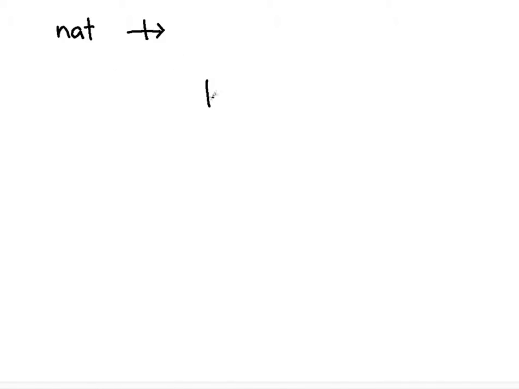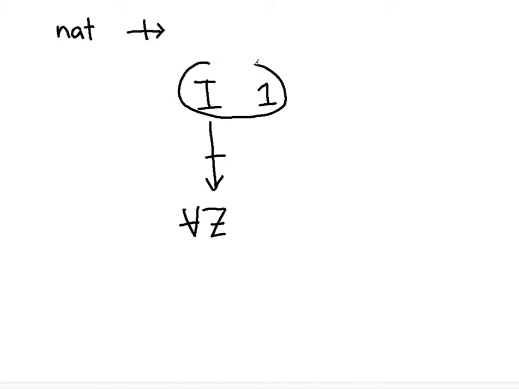Well, it's a number I such that for all numbers z, I is a factor of z. Well, that's clearly 1. 1 is a factor of every natural number. So in the category of natural numbers and divisibility, the initial object is 1. It didn't have a terminal object, but it does have an initial object.